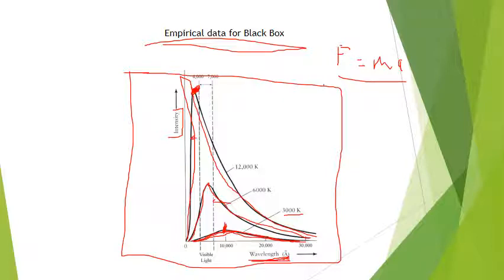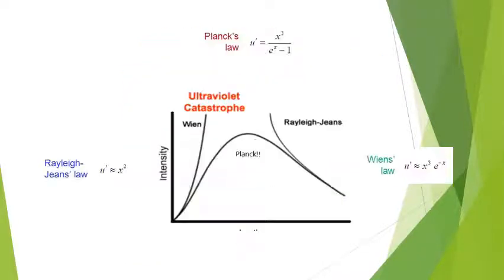And so enter the most famous theoretical physicists at the time, around 1900, when this is really coming to the forefront. These two guys, Rayleigh-Jeans and Wien, were two of the most prominent theoretical physicists that applied math to physics.